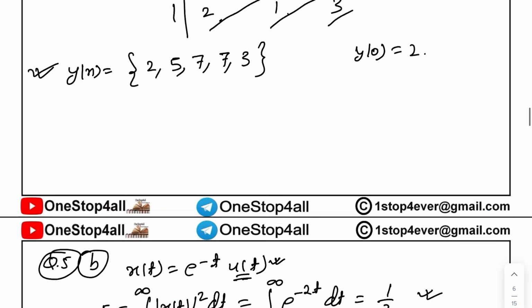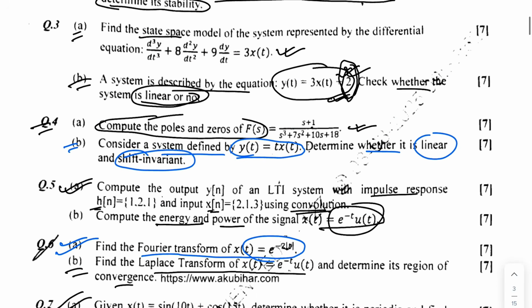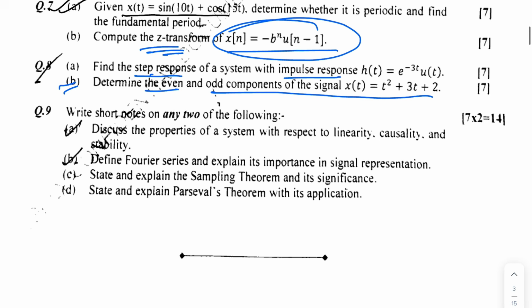So, the next question is, we need to write short notes, any two. Discuss the properties of system with respect to linearity. We need to write the properties of linearity, causality and stability of system.